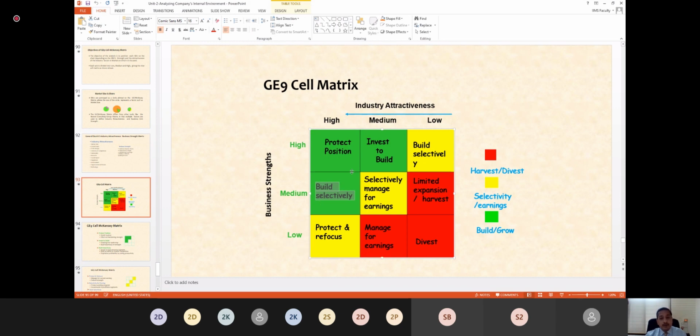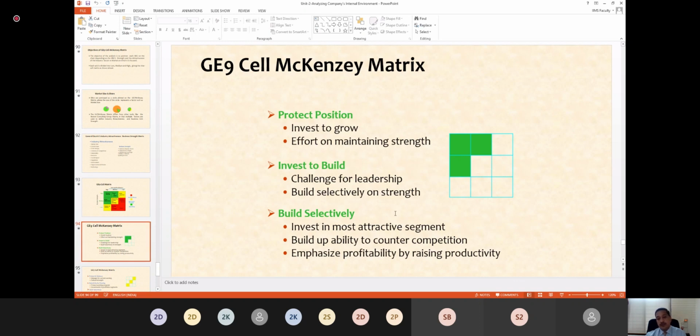However, the industry is very attractive and we have moderate, medium strengths, wherein we can build selectively so as to take the benefit. So we can work on the different business strengths so as to take the benefit of the different opportunities selectively.